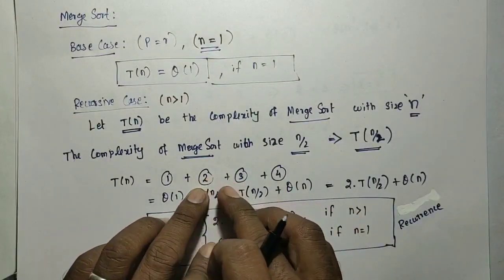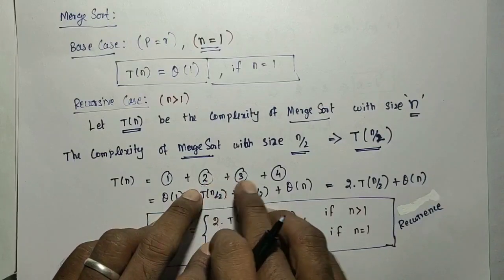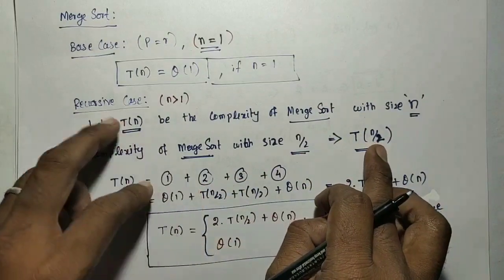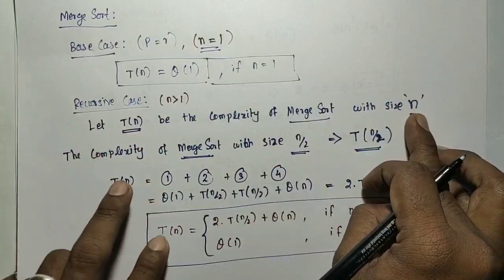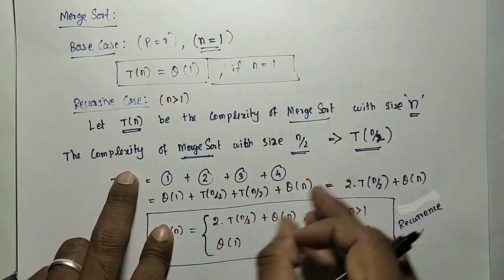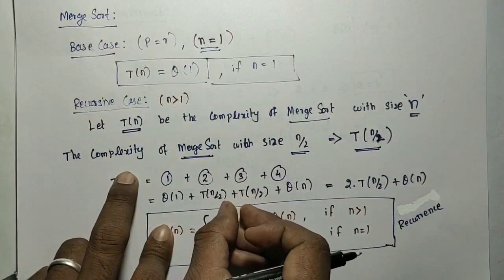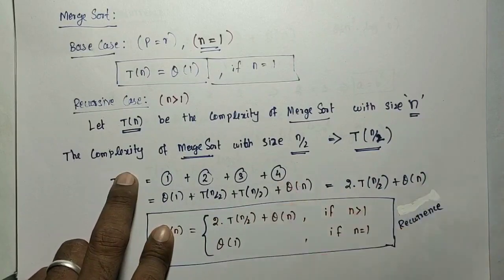One is a recursive call of the merge sort algorithm, and that size will be n by 2. So if T of n is the complexity of merge sort with the size n, the complexity of merge sort with the size n by 2 will be T of n by 2. We need to substitute the T of n by 2 for these two cases, plus theta of n is the complexity of the merge algorithm.